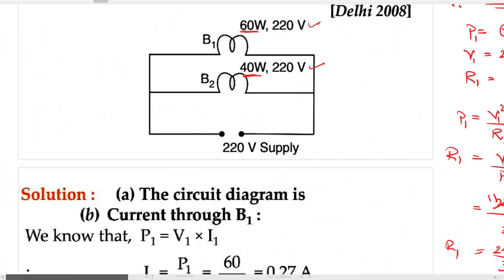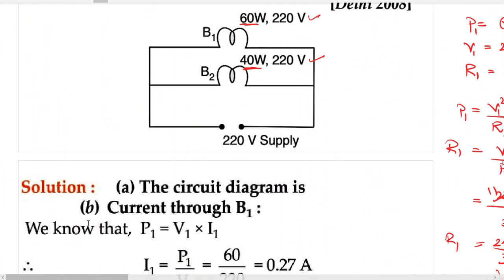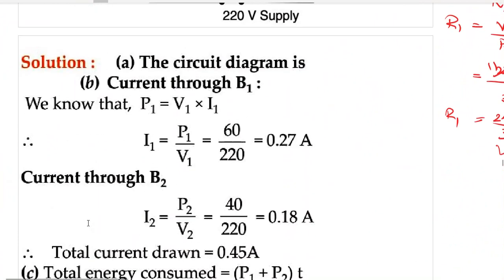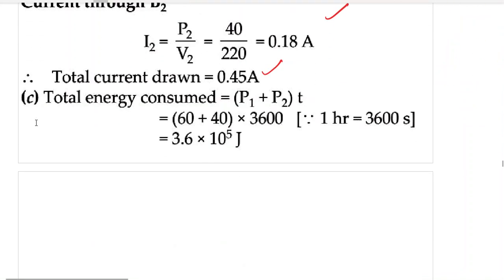A long question, right? So what they have done is they've used the second formula which I showed you, P1 is equal to V1 into I1, and then they have found I1, I2 and added it to find total current. That's not a problem. Okay, total energy consumed. So they have simply multiplied powers P1 and P2, and those are in watts, and multiplied it with time, and they have found the energy in joules.